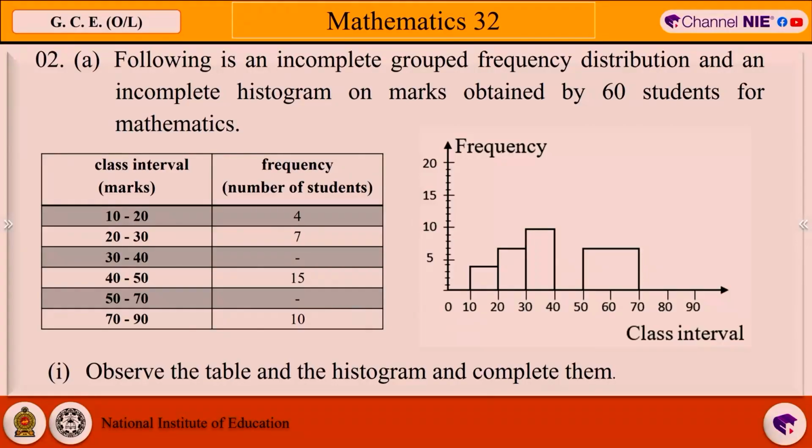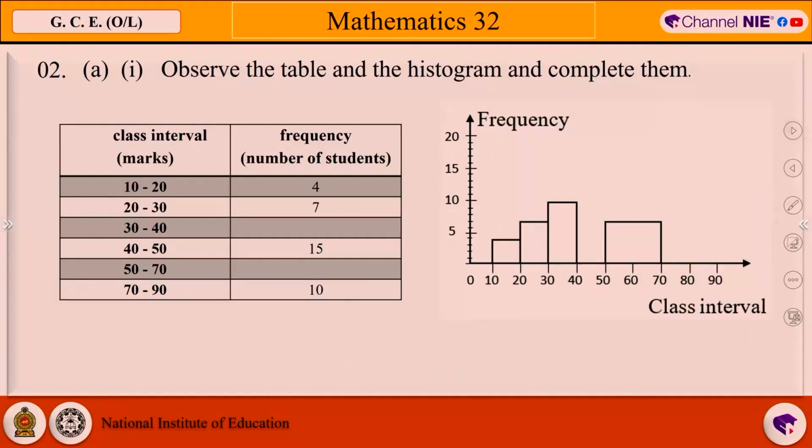You are given an incomplete group frequency distribution and incomplete histogram. Right. Observe the table and the histogram and complete them. That is the first part. If you observe this table and the histogram very carefully, you can complete both of them very easily. So, we will see how to do that.